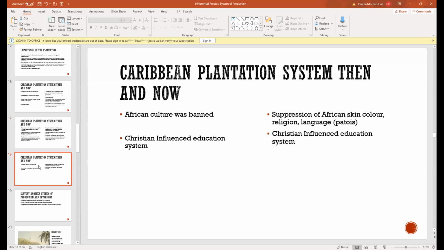Next, suppression of the language. Our language was suppressed, our skin color was suppressed, our religion was suppressed as Africans, right? Our people of African descent. If you look at the skin color today, there's a phenomenon that is called bleaching, where people bleach their skin. Why?